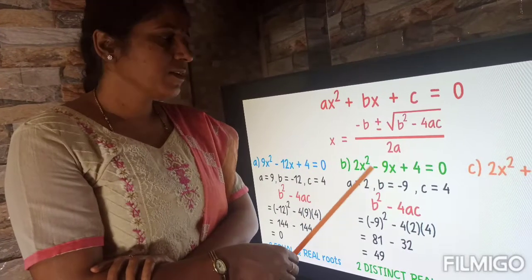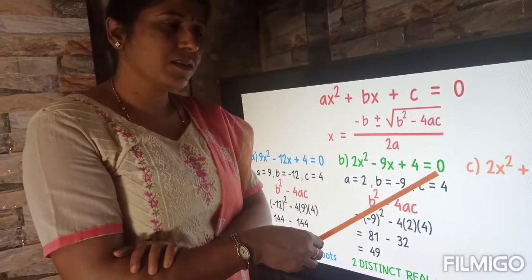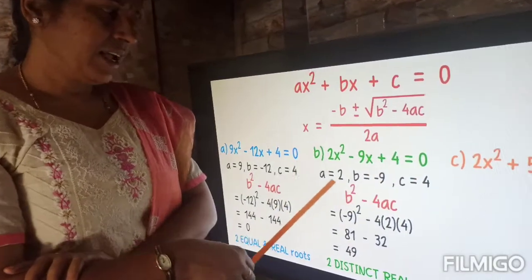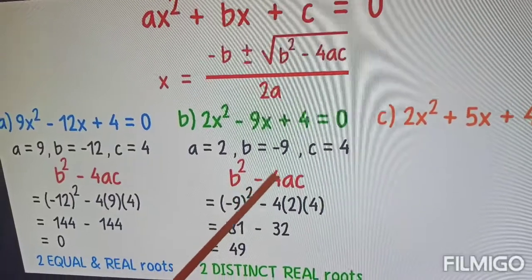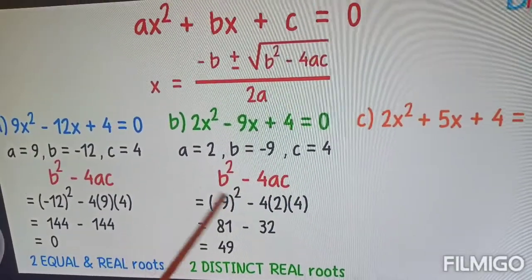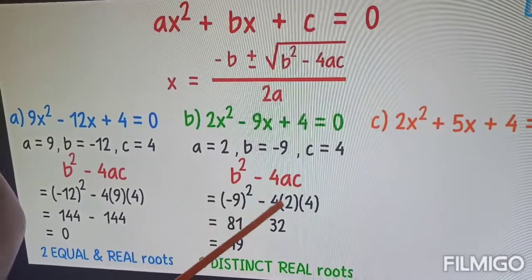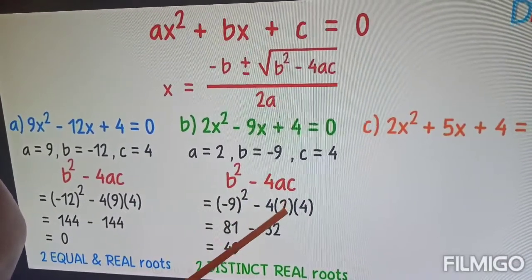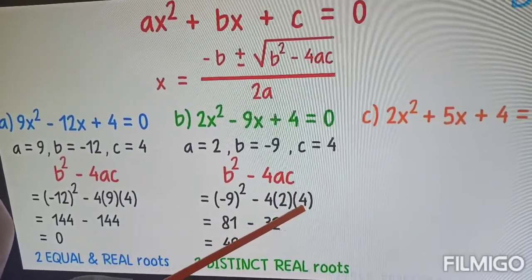Second equation is 2x square minus 9x plus 4 is equal to 0. Here a is 2, b is minus 9, c is 4. b square minus 4ac is the discriminant. Replace now b by minus 9, minus 4 as it is, a replaced by 2 and c replaced by 4.